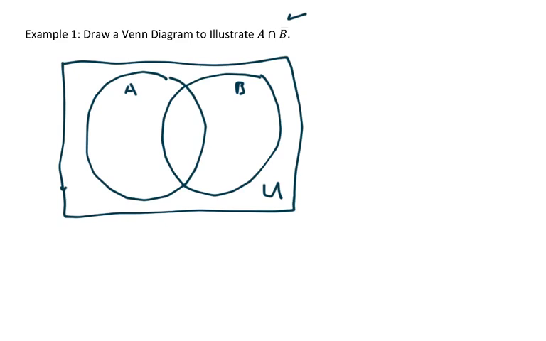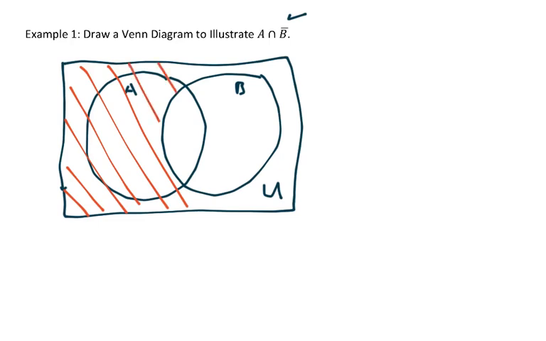Let's shade those, maybe using a different color like red. All the elements that are in the universal set but are not in B would look like this. And I'll just make a little note for myself over here that B complement is in red.